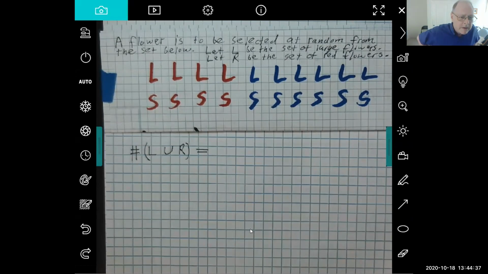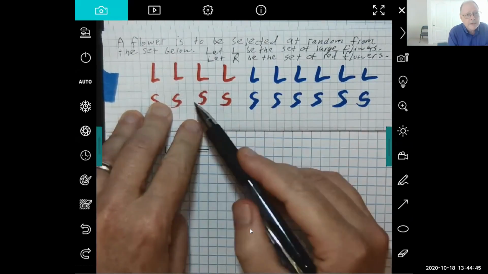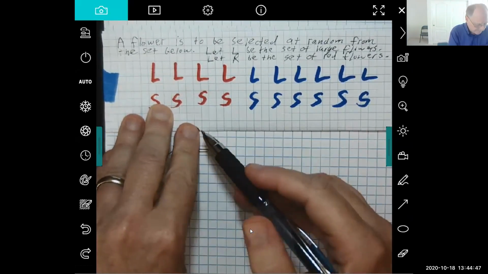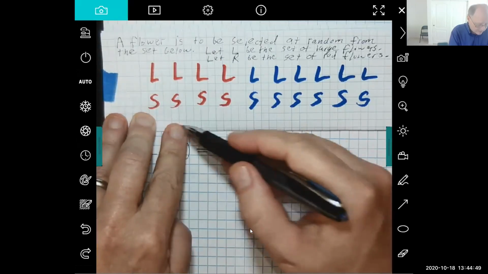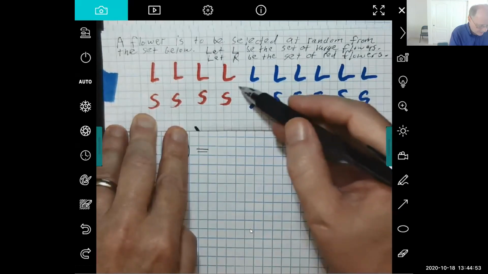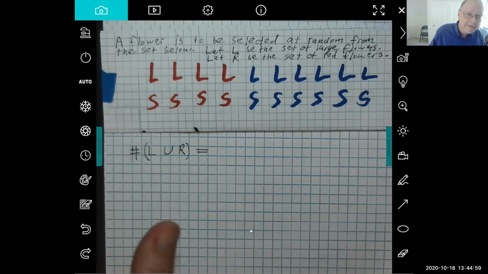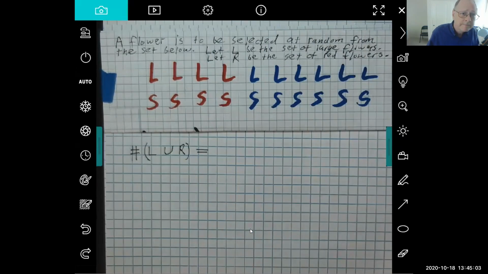So I'm making the union of the large flowers with the red flowers. So the union includes all the large ones and it also includes all the red ones. A flower, an individual flower, is in there if it is red or large.